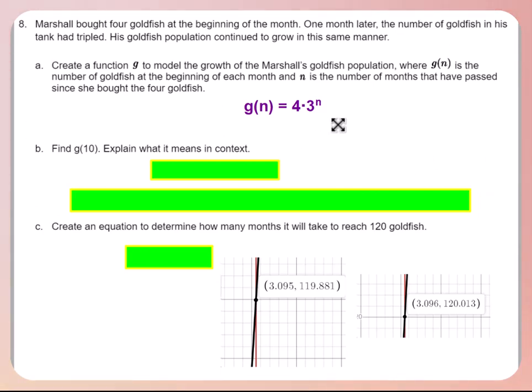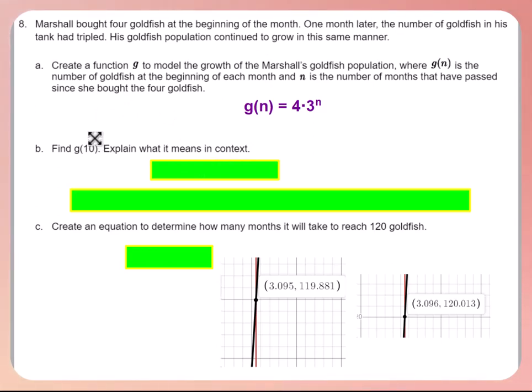You can put that in Desmos. You can see how it works. And you can go over on the x-axis to 10 to find what y is. Okay, but you don't need to find that amount. You need to explain what that amount means in context of this problem. What that means is this is our x.